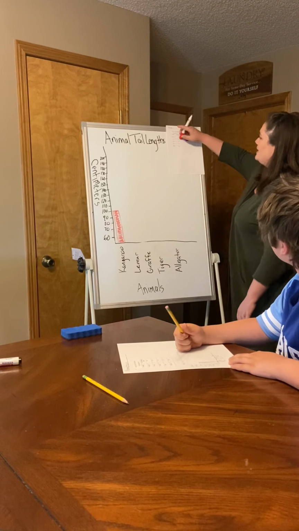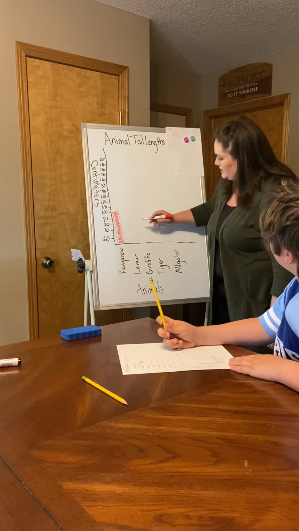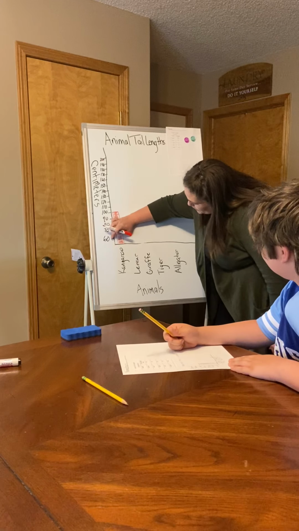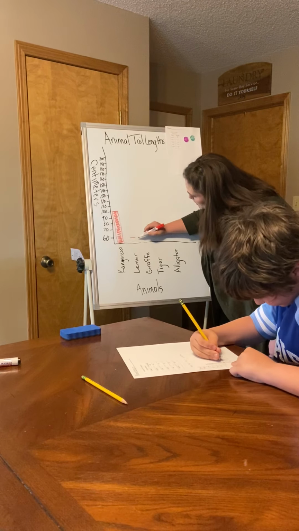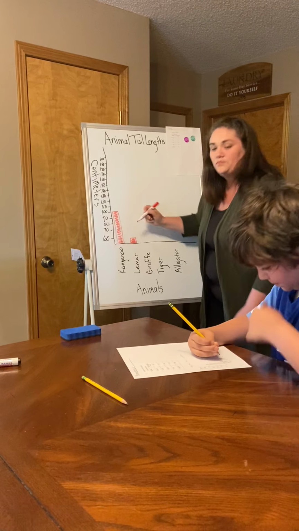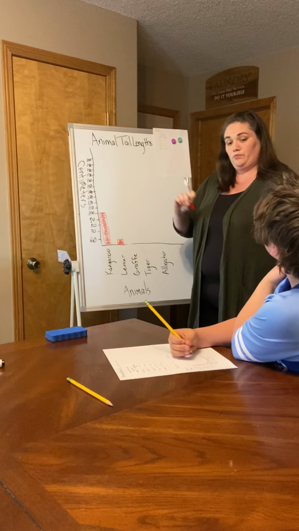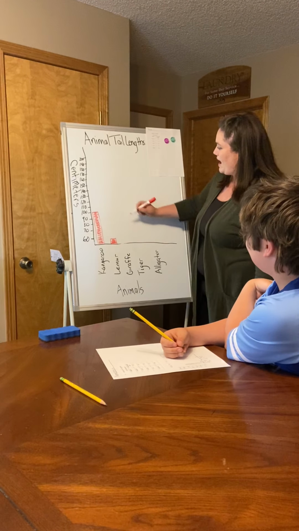Perfect. Now our next one is lemur. What is the lemur? 60. So again, I'm going to take my finger and follow it over. And you guys, this is a little easier because you have it all right on those lines with the graph paper, right? So now we can go through, and the giraffe is 100.